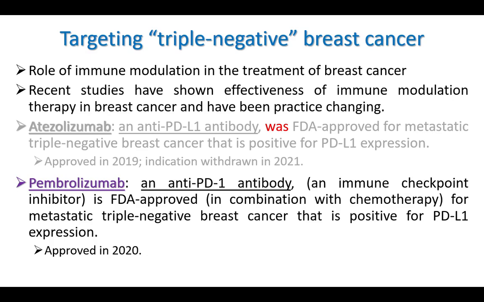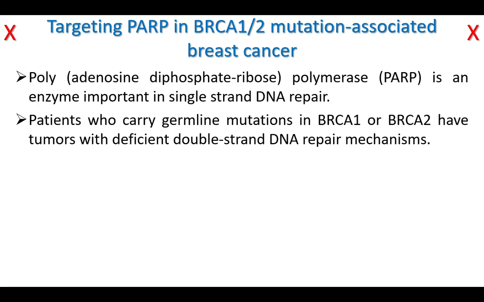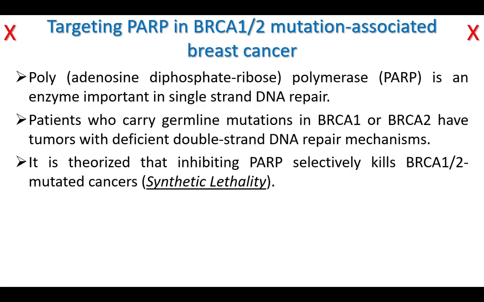Okay, so that's the only thing on the slide. Those patients who have BRCA1 or BRCA2 mutation, you can use another drug which targets PARP. So there's one insult already, the BRCA1 mutation, then you are synthetically inducing another mutation.